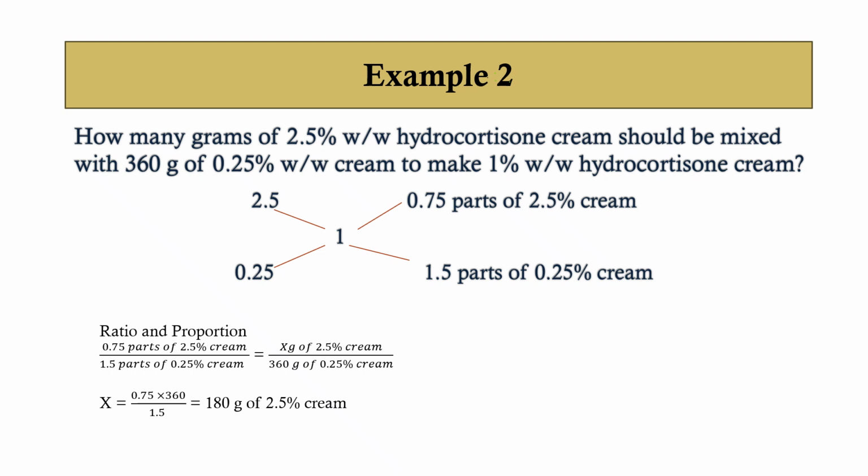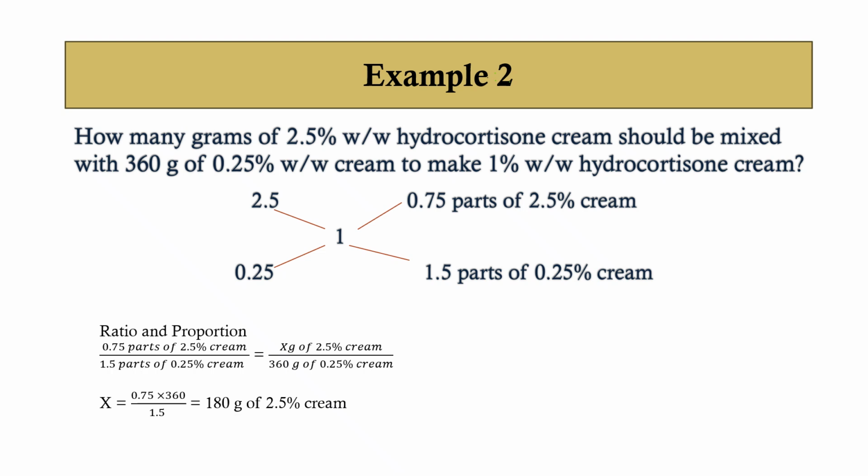For the 0.25% cream, we know how many parts. It's 1.5 parts, and we know how many grams of that is. It's 360 grams. So to use ratio and proportion, we can have 0.75 parts of the 2.5% cream over 1.5 parts of 0.25% cream equals X grams of the 2.5% cream over 360 grams of the 0.25% cream.